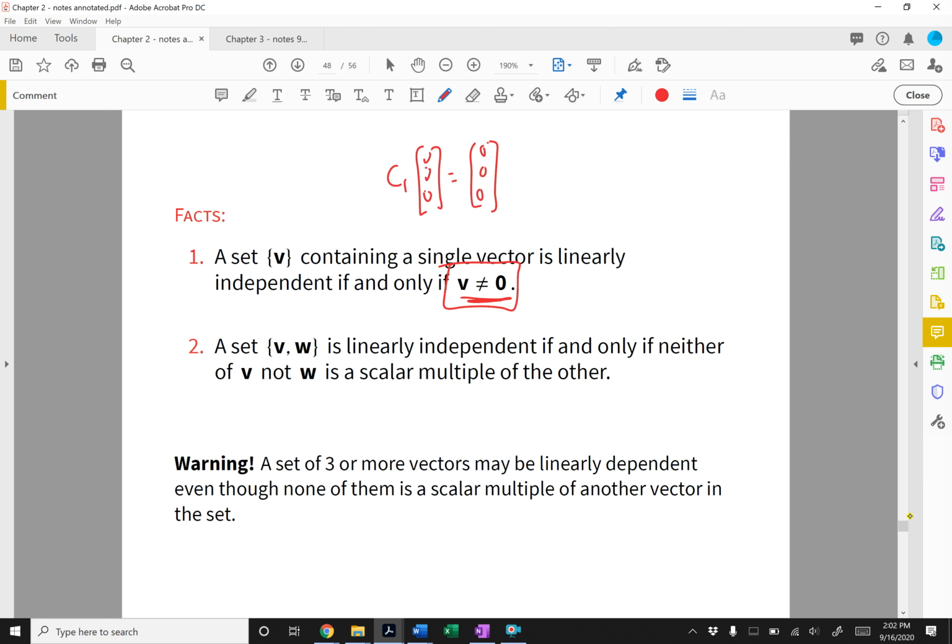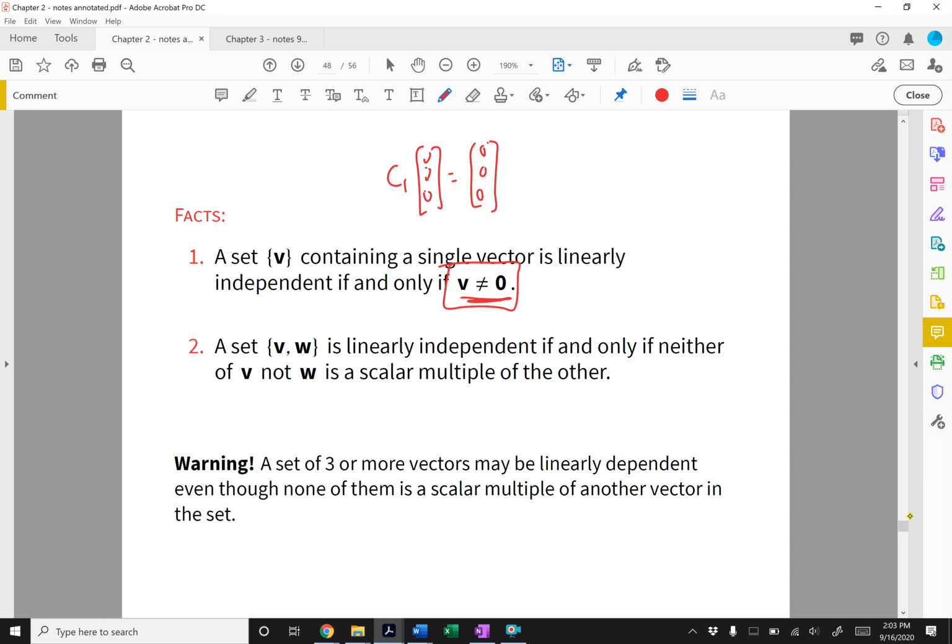A set V and W is linearly independent if and only if neither V nor W is a scalar multiple of the other. If we're down to 2, then for them to be combinations of each other, one of them just has to be a scalar multiple of the other one.